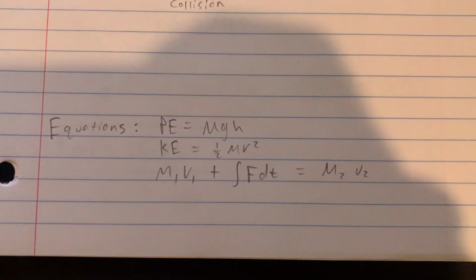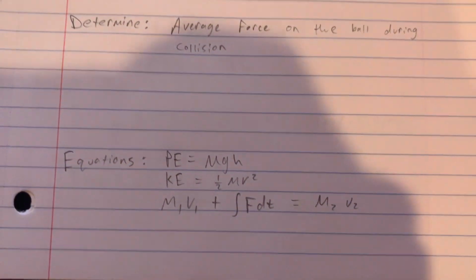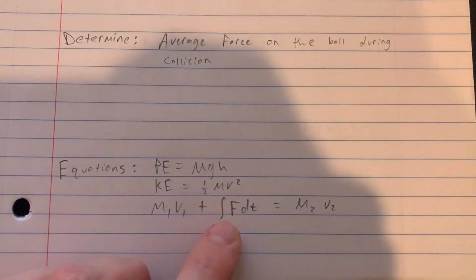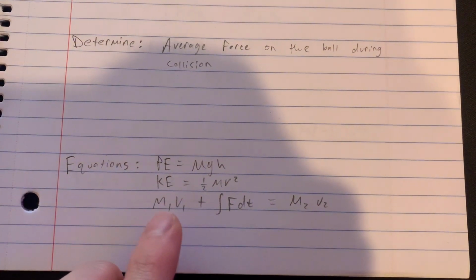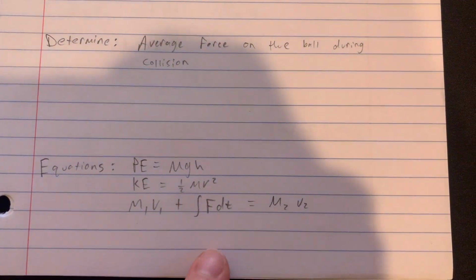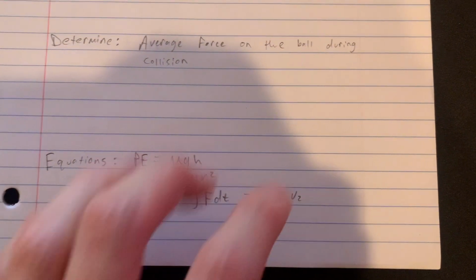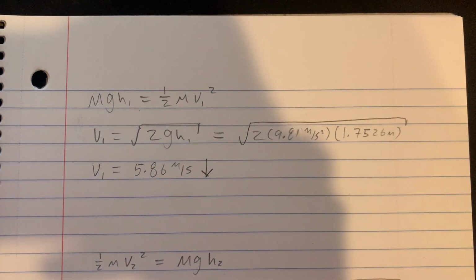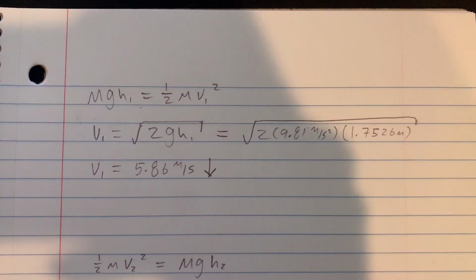Equations that I'm going to use are potential energy is mgh, kinetic energy is 1/2 mv squared, and that's the conservation of momentum equation, mv1 plus the integral of force with respect to time is equal to mv2. So the first thing I've done is solve for the velocity before it collides with the ground.